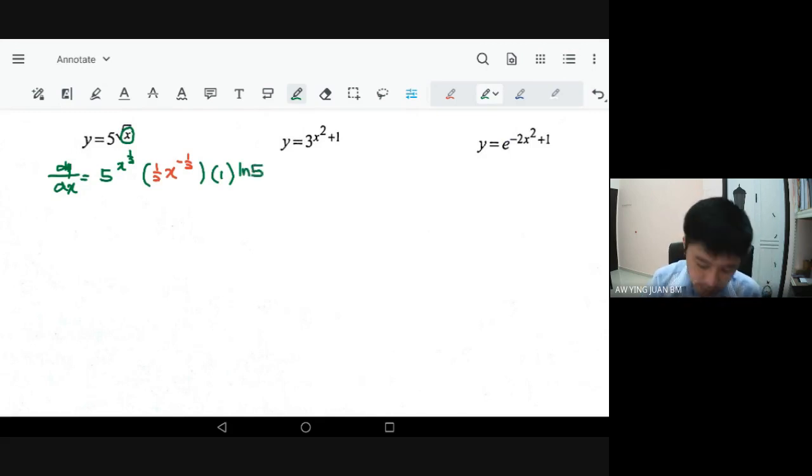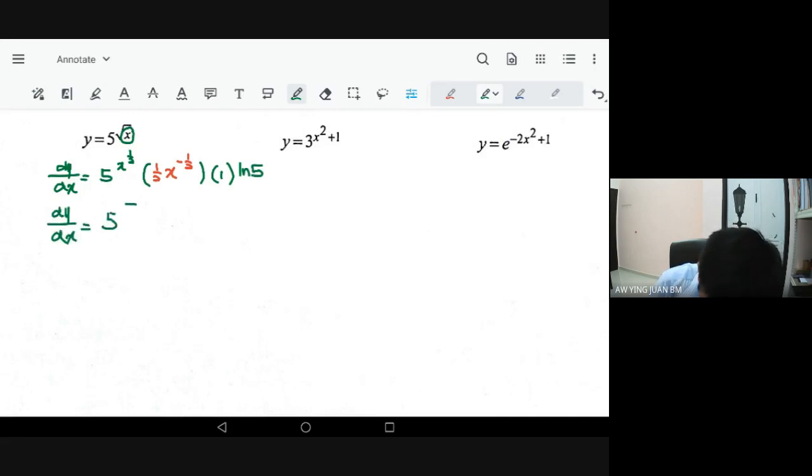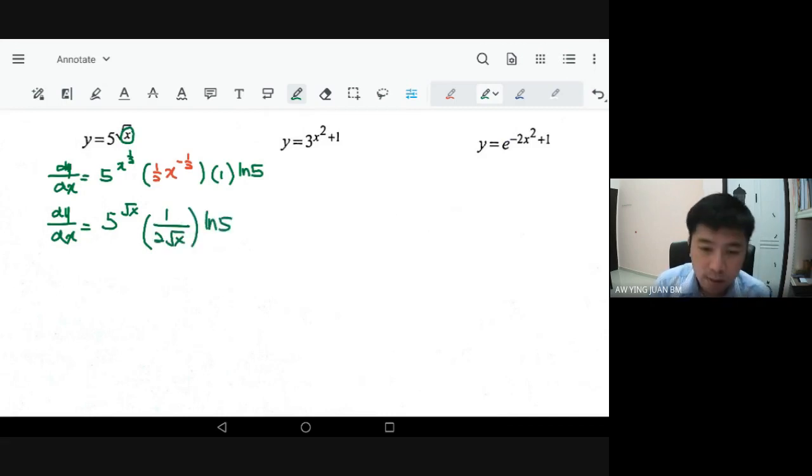So catatanlah ya. So tulis mula dy dx equals to 5 to the power of square root of x. So check kita ada over 1 over 2 square root of x. Then ln 5. Tulis semula.